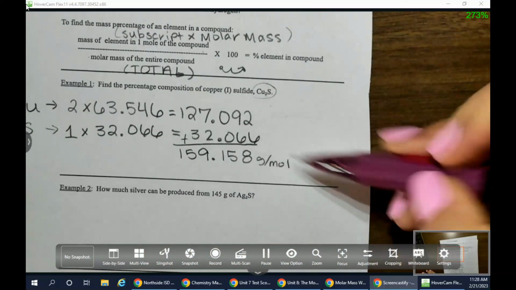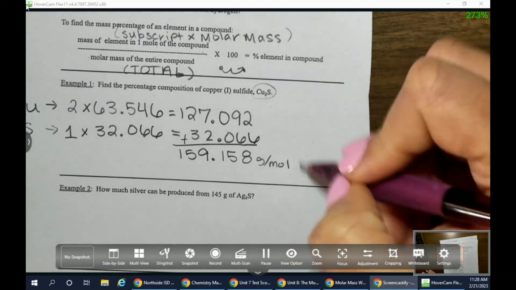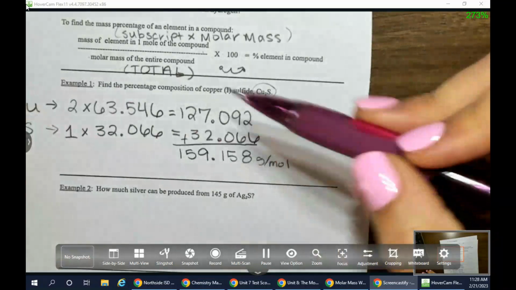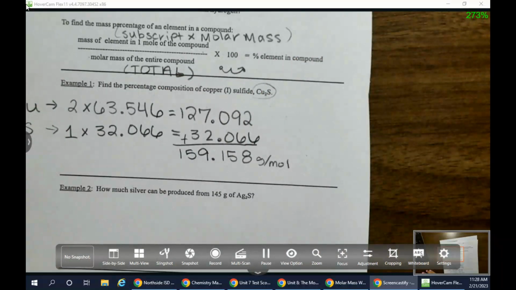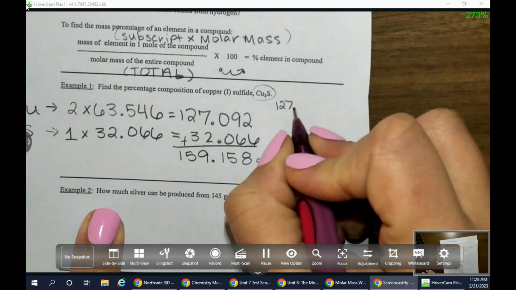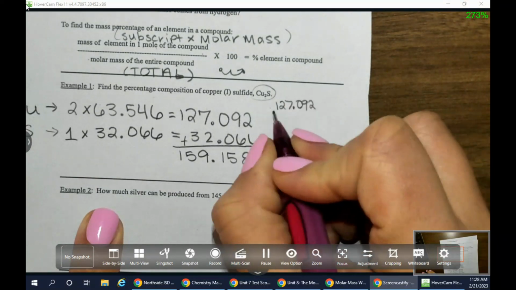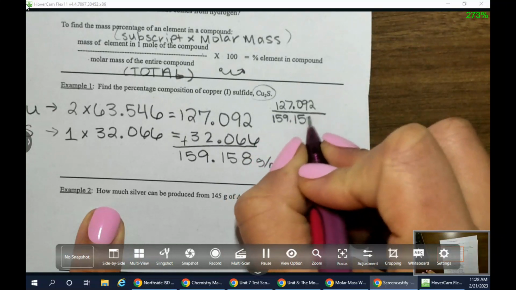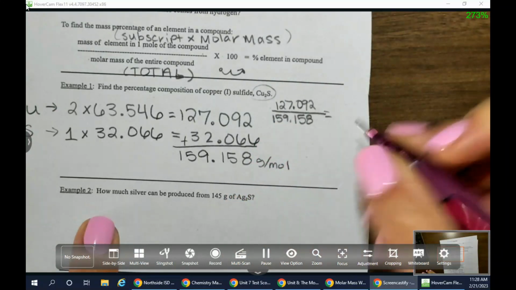All right, so now I have my parts over my whole, my pieces over the total molar mass. So what I'm going to do is take my 127.092 and divide it by my total molar mass to get a decimal number.